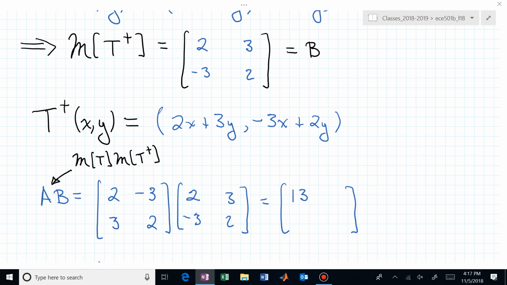I'm sorry, the 2, 2 entry, the other diagonal, is 9 plus 4, isn't it? So the same number. Now, what about the 1, 2 entry? That's now 0. It's 6 minus 6. And the 2, 1 entry? 0. So there's the combination of the two maps in terms of their matrix representation.